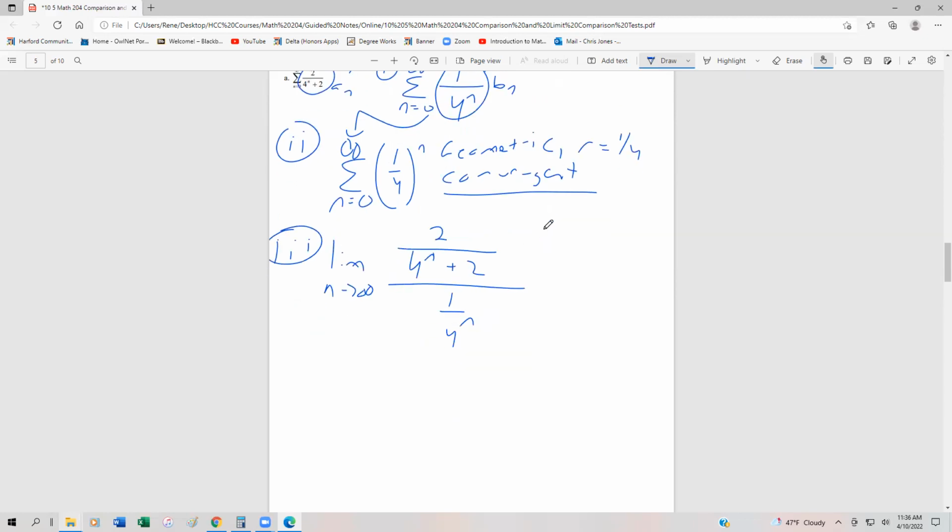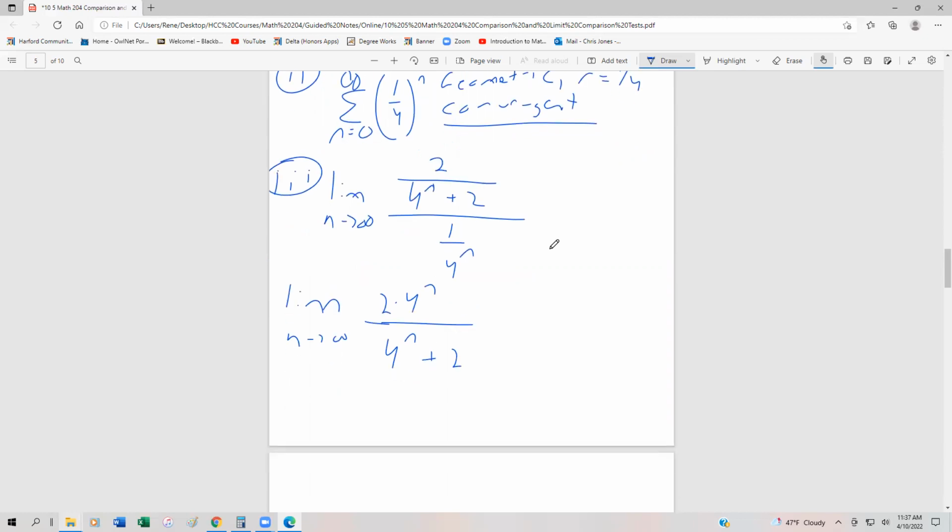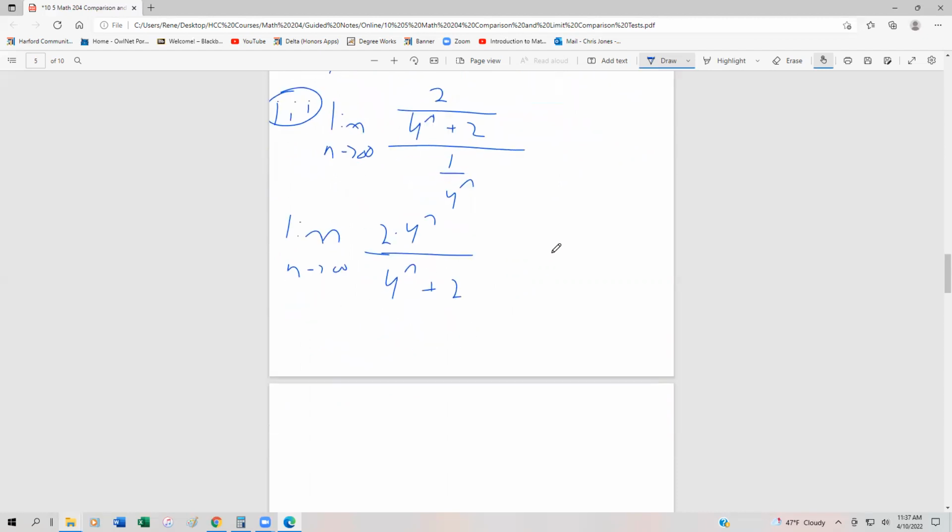Now, if we clean this statement up, we just multiply by the reciprocal, and this is going to be the limit as n approaches infinity of 2 times 4 to the n, excuse me, divided by 4 to the n plus 2. To be able to evaluate this limit, we can divide everything by 4 to the nth power.